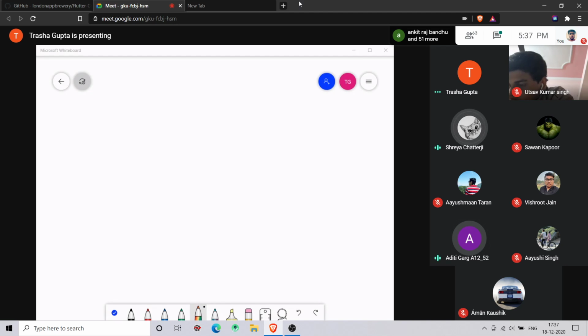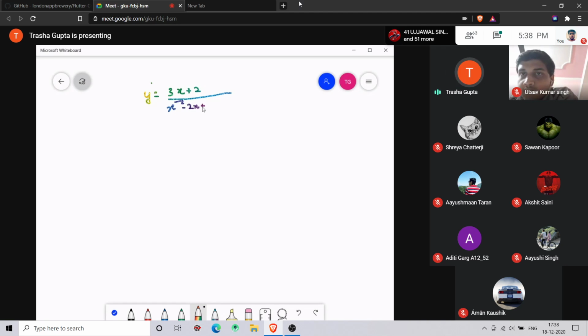No, ma'am. So how can you write it? We first divide the y term into functions. The function y is equal to (3x plus 2) divided by (x square minus 2x plus 5).